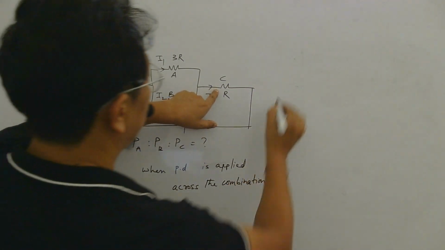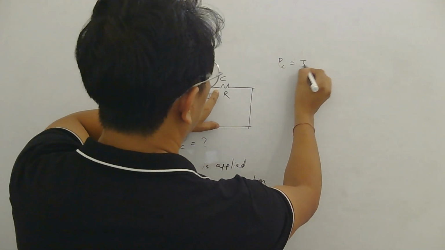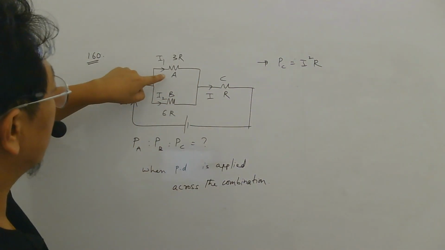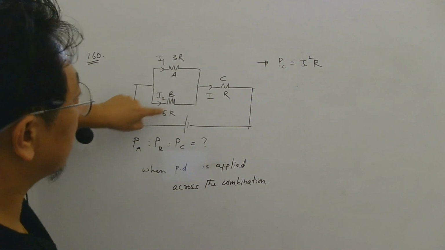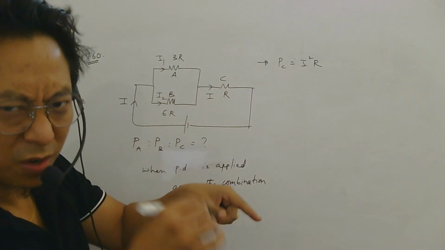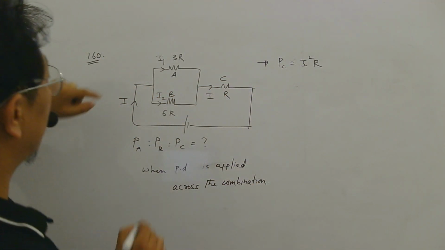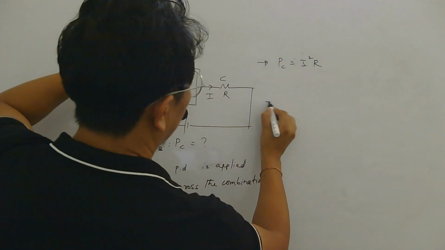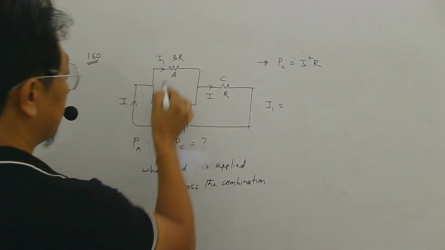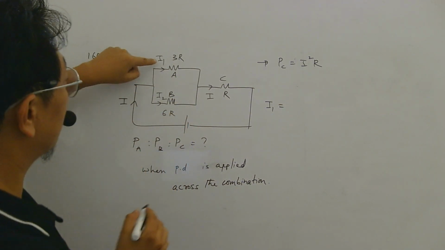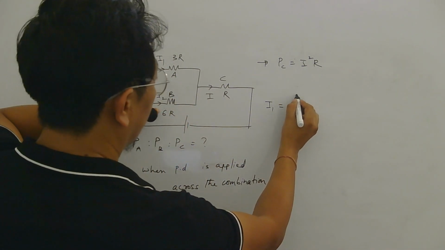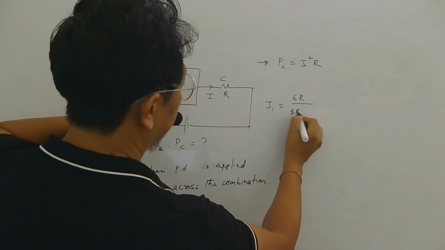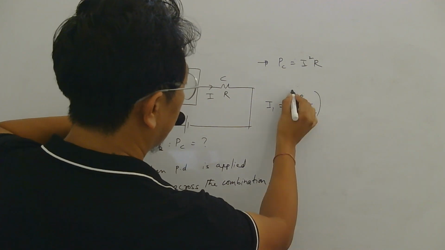So now power consumed by C will be obviously I square into R. So now if I can write power consumed by A and B in terms of I and R, then ratio can be found. So how to find power consumed by A? First I need this current. Now current I1 can be found by using branch rule, isn't it? So I1 will be resistance of opposite branch divided by sum of resistance into the main current.